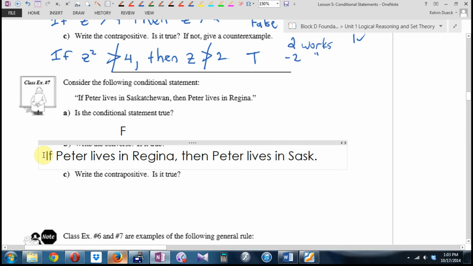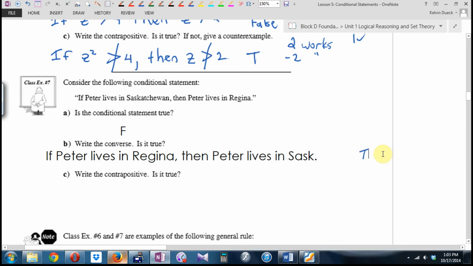True or not? By the way, can you see we're sort of talking about Venn diagrams. Regina as a Venn diagram would be inside the Venn diagram of Saskatchewan, but Saskatchewan as a Venn diagram is not inside the Venn diagram of Regina, which is yet another way to think of these. True or not? True. Write the contrapositive.